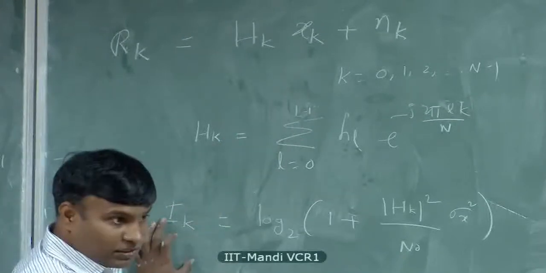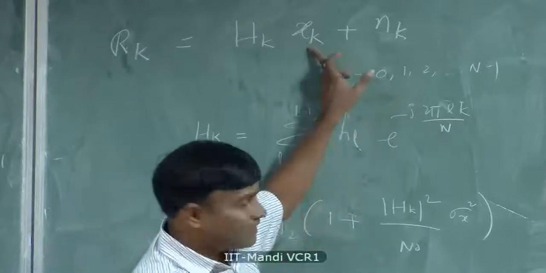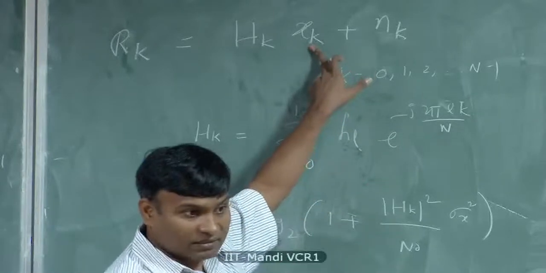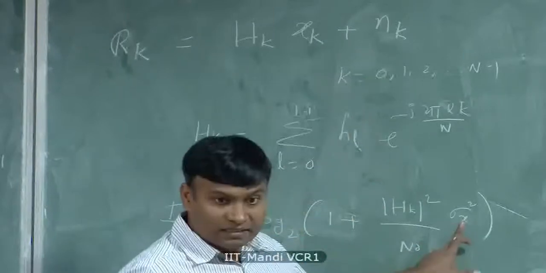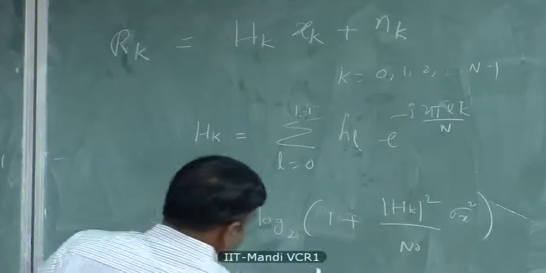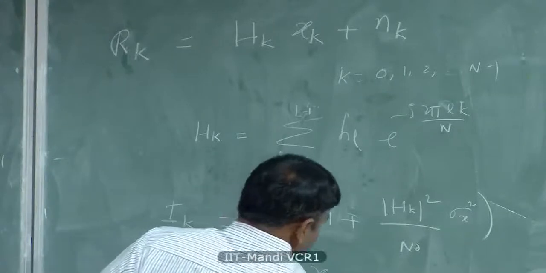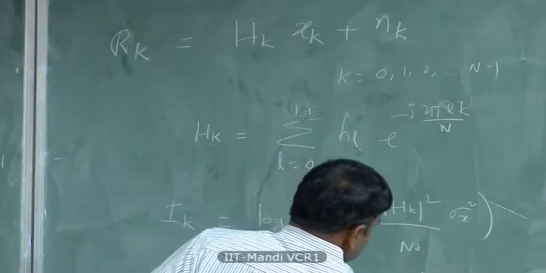This formulation holds as long as X_k is complex Gaussian. X_k is distributed as complex normal, zero mean, and variance sigma_x^2.